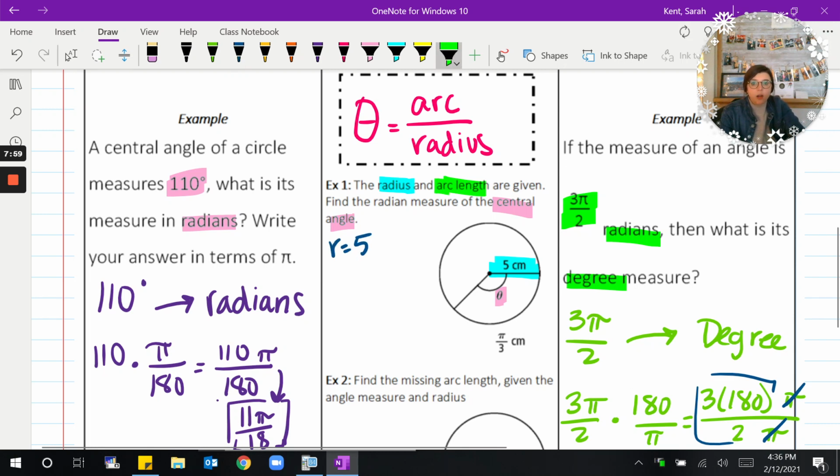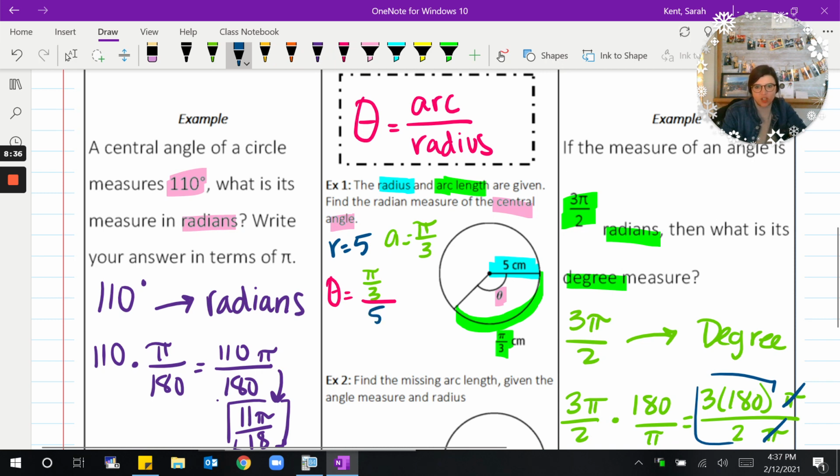And then our arc length is going to be around the curve. So here, our arc length is pi over 3. In order to find our angle, we want arc over radius. So our arc is pi over 3 over 5.